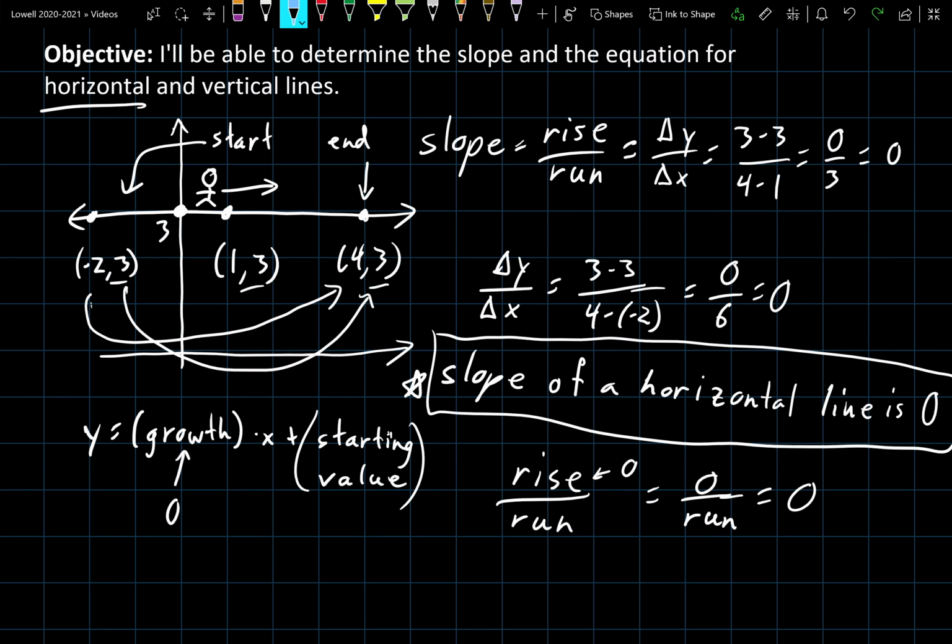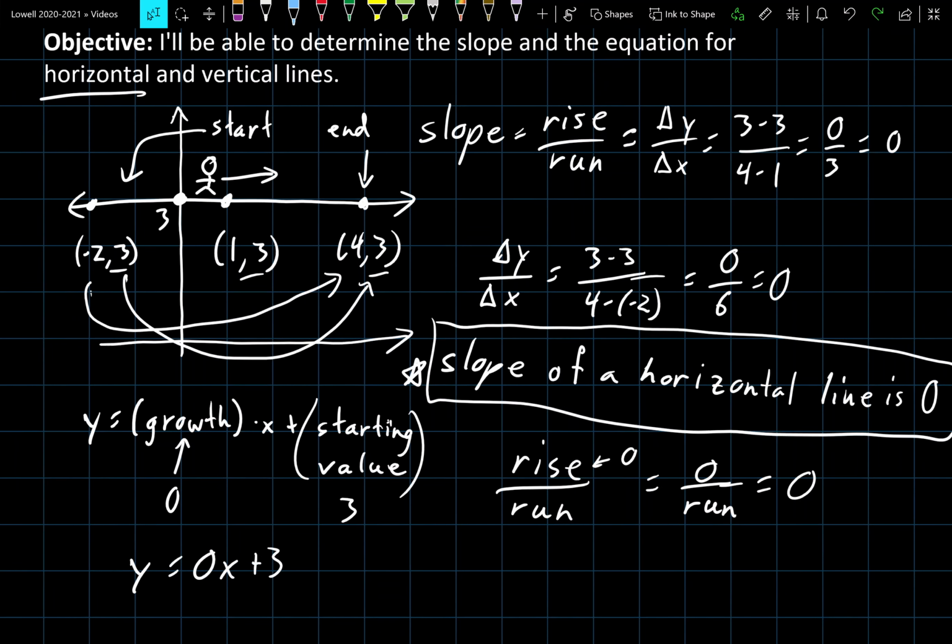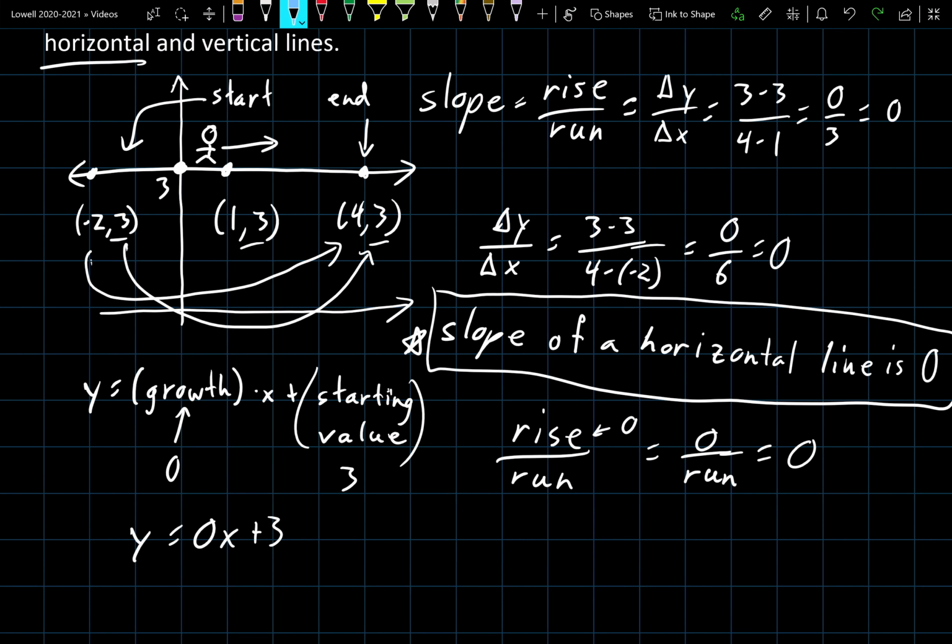So it must be 3 when we get to the y-intercept. That would mean that our equation is simply y equals 0x plus 3, or just, because 0 times anything is 0, it turns into y equals 3. This one's interesting because it doesn't have x in the equation at all.